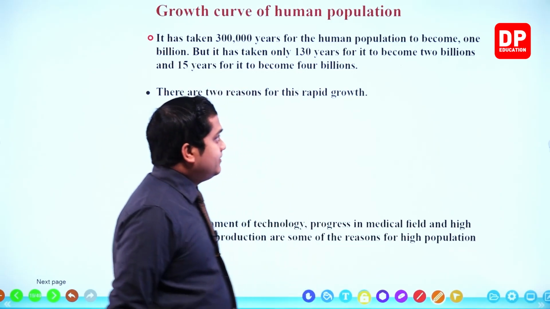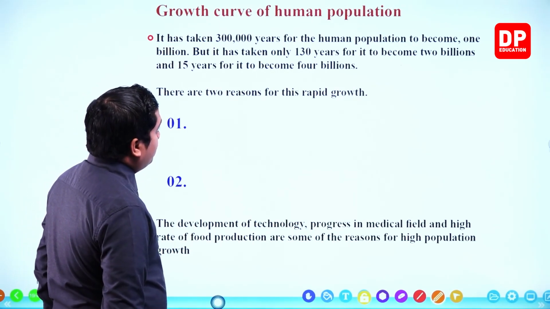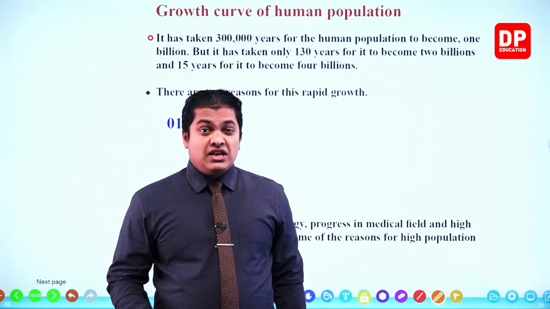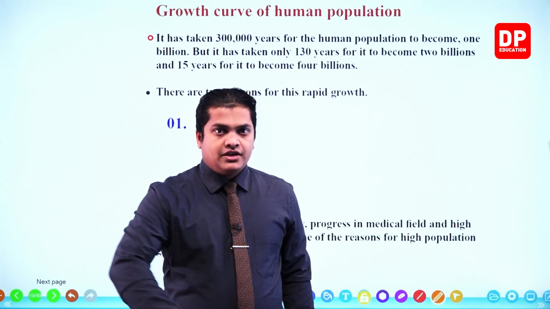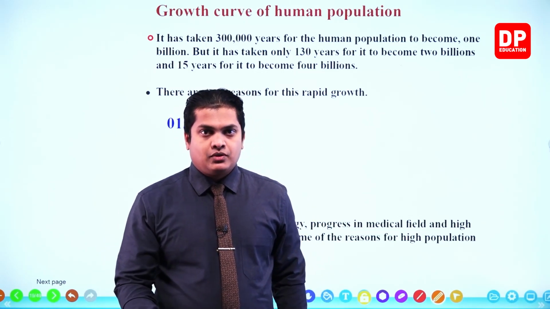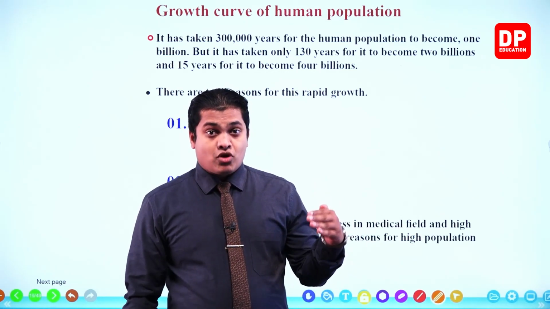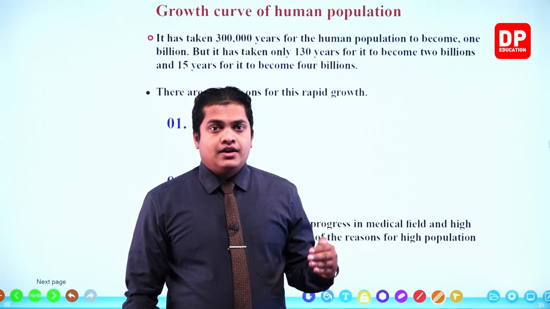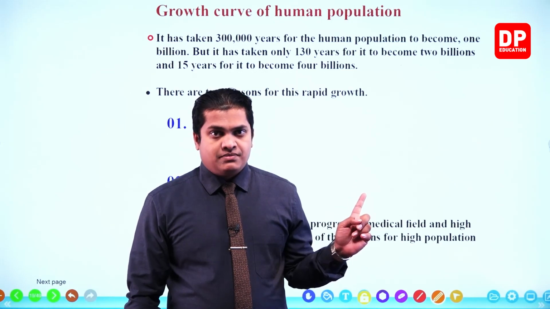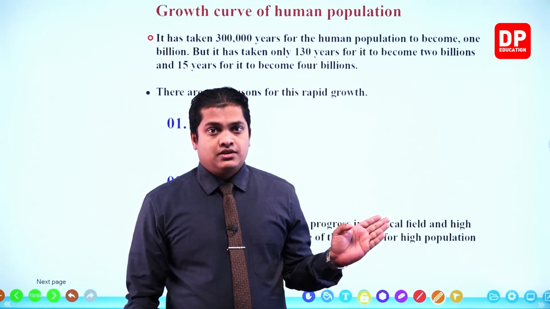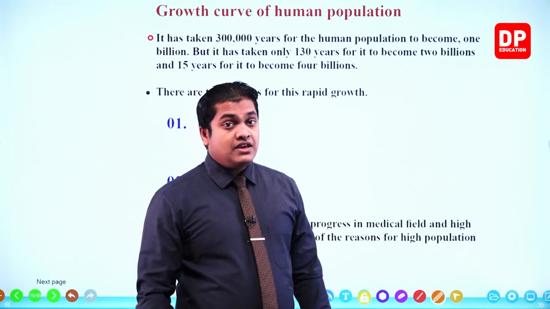Then only 15 years to become the next billion. So there is a dramatic decrease in the number of years taken to double it. For the first billion, 300,000 years. For the next one, just 130. Then for the next one, only 15 years.